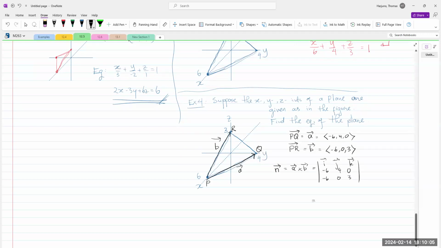When I do the cross product, the first component is 12, the second component is 18, and the third component is 24. Okay, notice that it has a common factor. Vector n is parallel to that. Let vector n be the vector without the common factor. So I will reduce by 6.